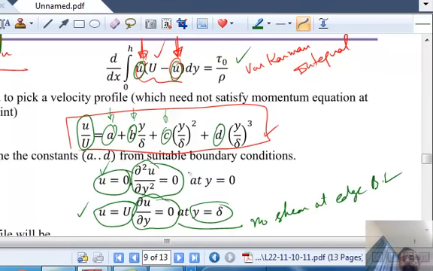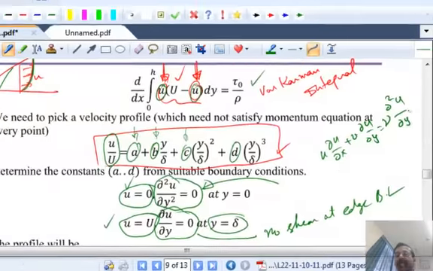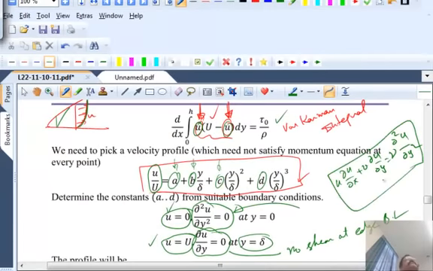What does this condition tell you? How did I get that one? That's a little bit more tricky because you need to look at the equation, the Prandtl boundary layer equation, u du dx plus v du dy equals nu d squared u dy squared. That is the Prandtl boundary layer equation. But if I evaluate that at the plate, what happens?